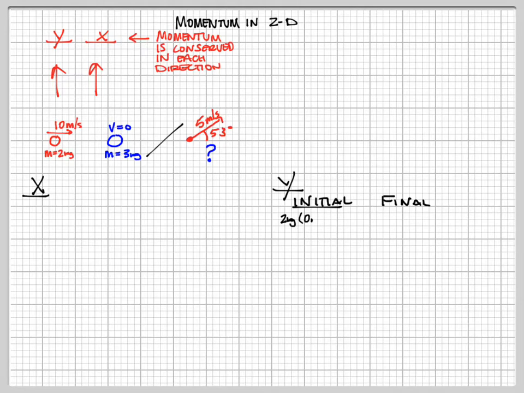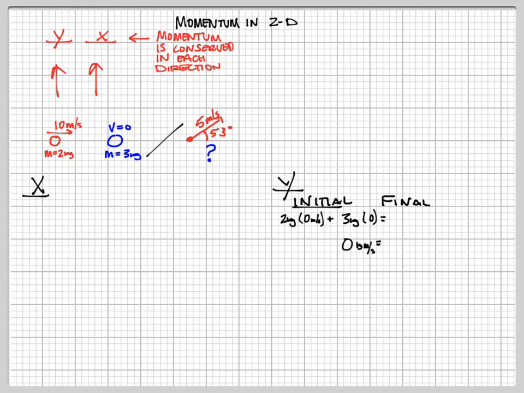None. 0 meters per second. Plus object 2 with the mass of 3 kilograms and no velocity in the y direction. So that means initially I have 0 kilogram meters per second of momentum in the y direction.